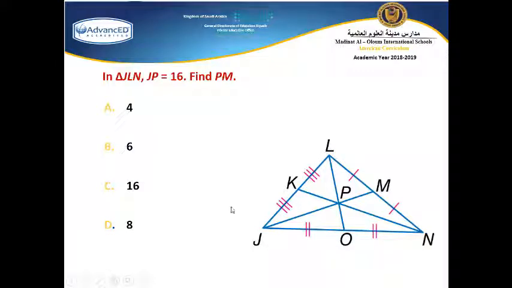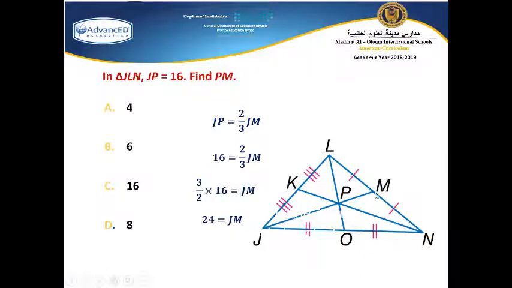Since JP equals 16, by substitution, 16 equals 2/3 JM. By moving 2/3 to the other side by multiplying by the reciprocal, JM equals 3/2 multiplied by 16, so JM equals 24.